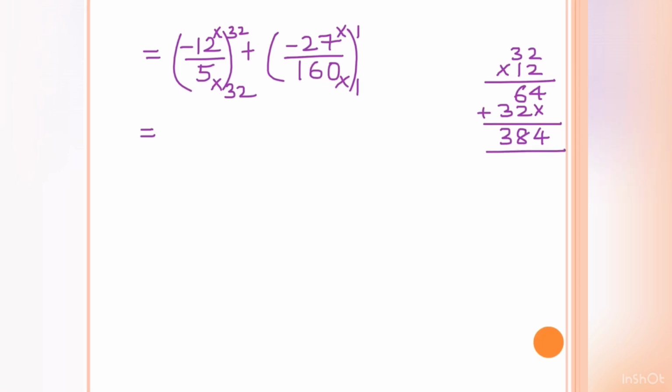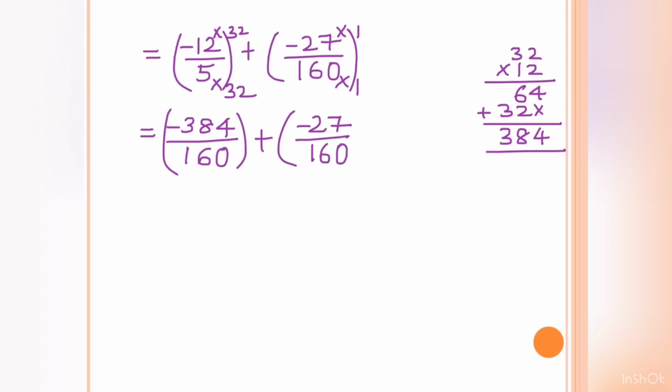So minus 12 times 32 is minus 384 by 5 times 32 is 160 plus here we have minus 27 by 160. Now we'll take the denominator as common denominator and simplify the numerator.